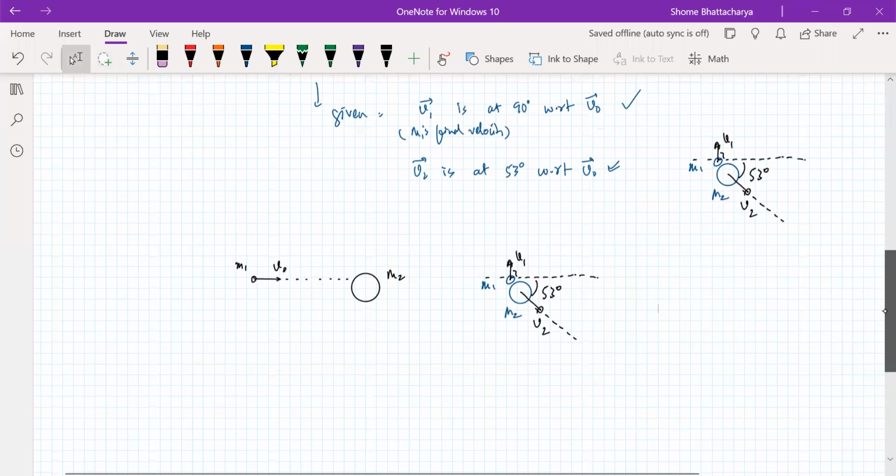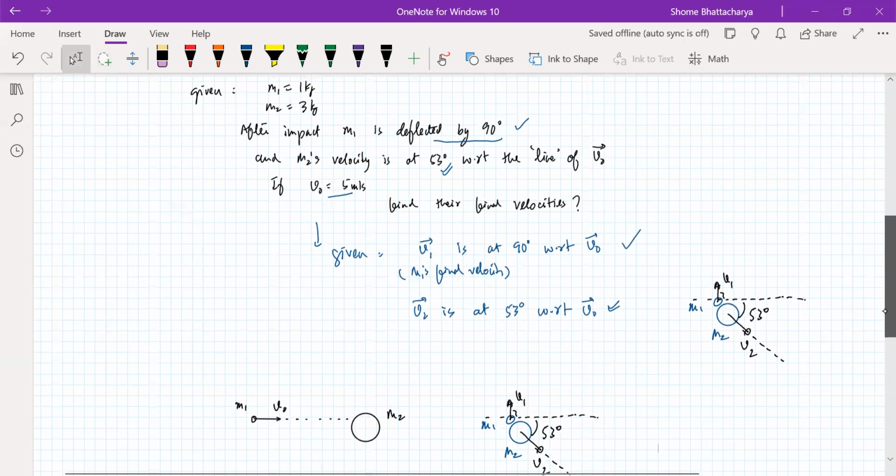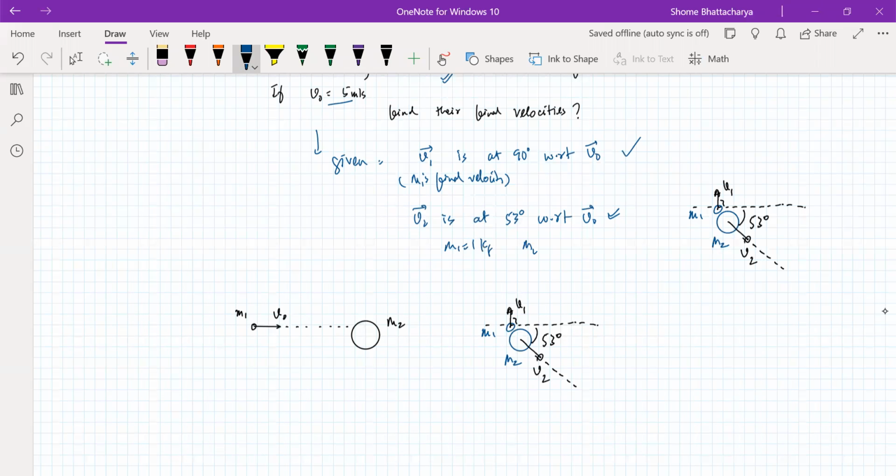Masses are 1 and 3 kg. So momentum conservation here will be m1 into v0, this one was at rest, is equal to m1 v1 plus m2 v2.